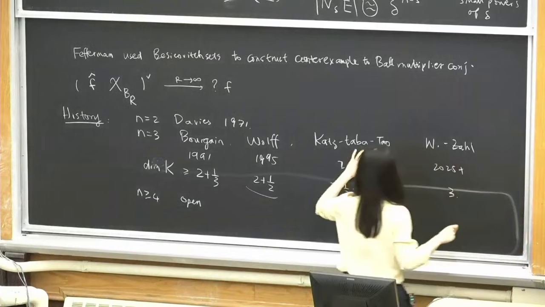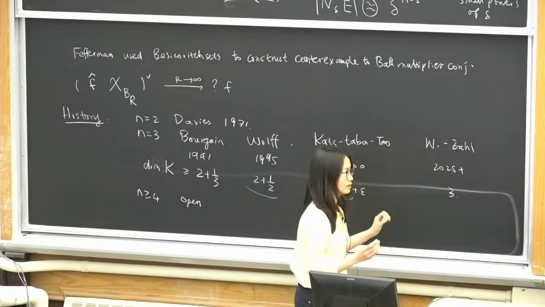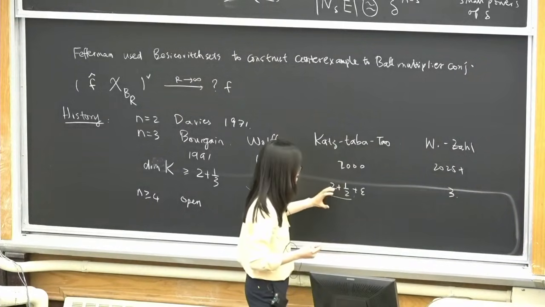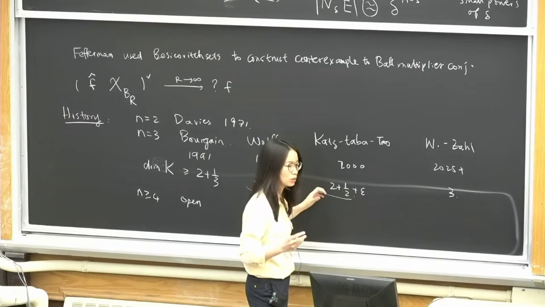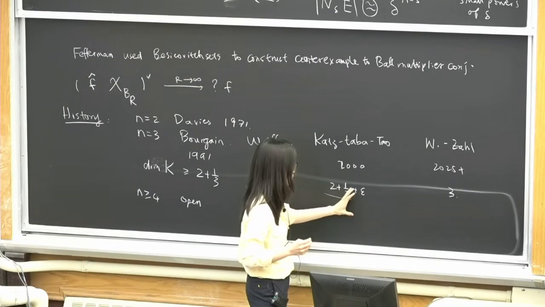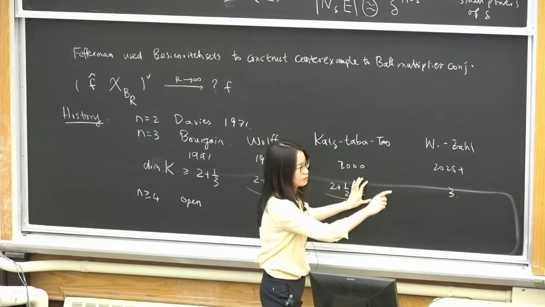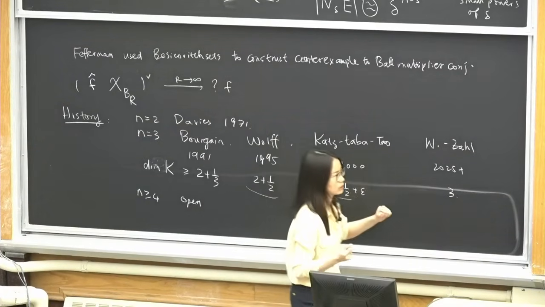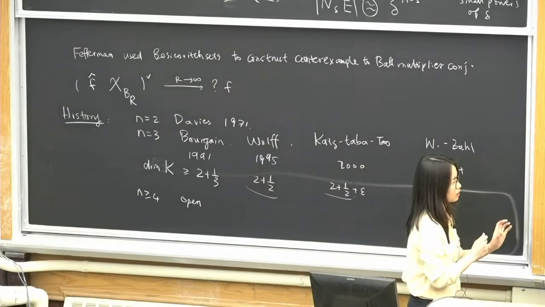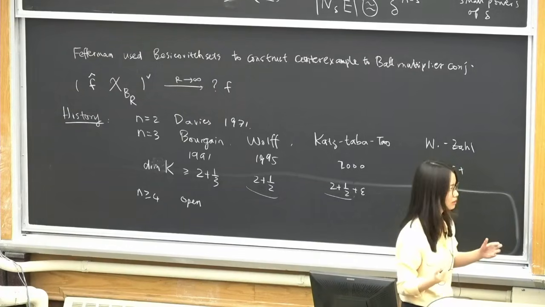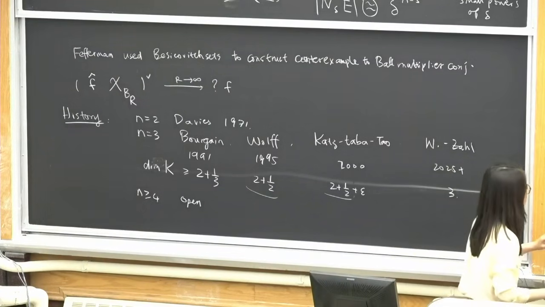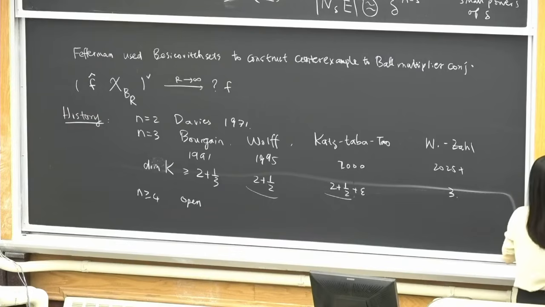And the work of Katz-Laba and Tao, what they did is they showed that if a Kakeya set were to have Minkowski dimension 2 plus 1/2, then it should resemble the Heisenberg group. In particular, it should have the 3 properties: stickiness, planiness, and graininess. So the notion of stickiness is going to play an important role.